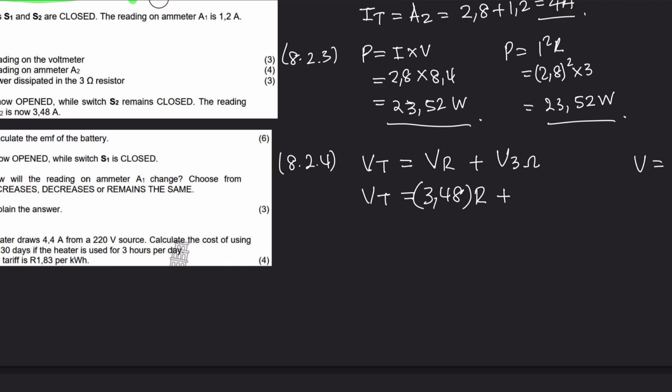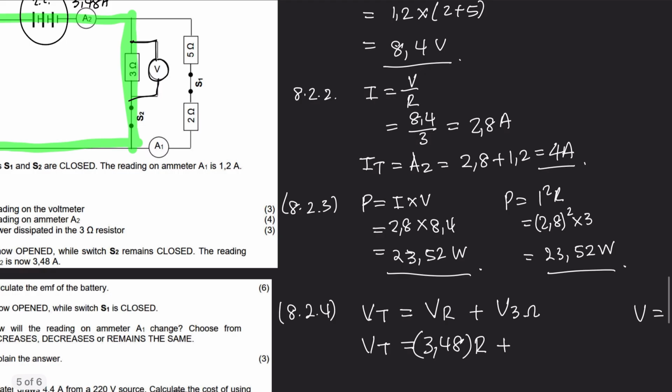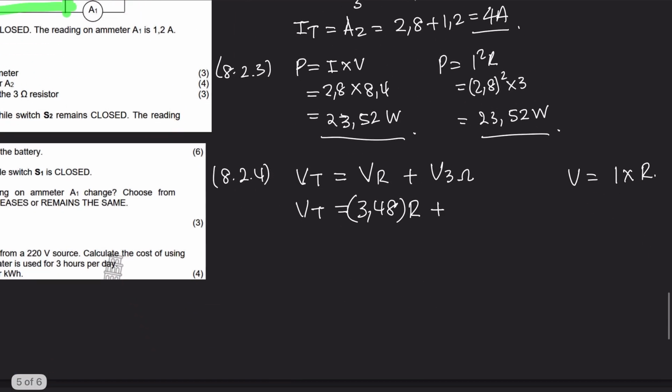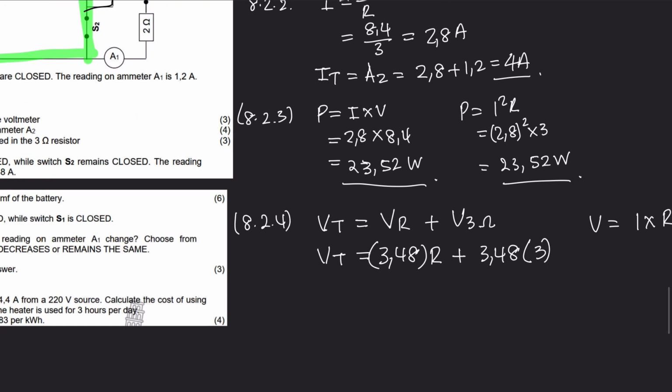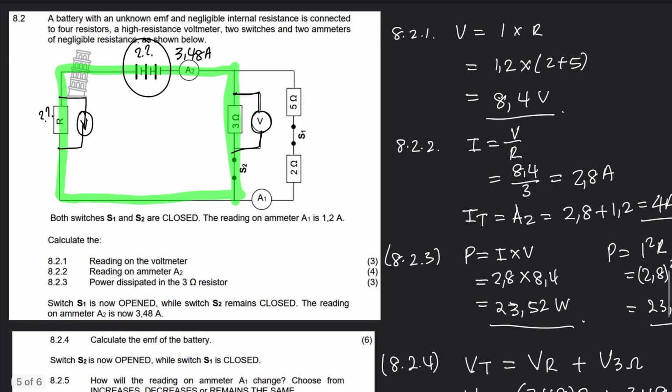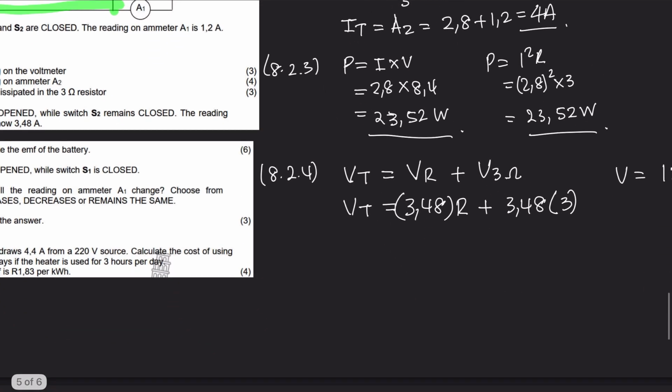And then plus the voltage used up by the 3 ohm resistor is going to be 3.48 multiplied by 3, because remember, this whole circuit now is in series, so the current is the same. So VT is equal to 3.48 R plus, and 3.48 times 3 is 10.44.